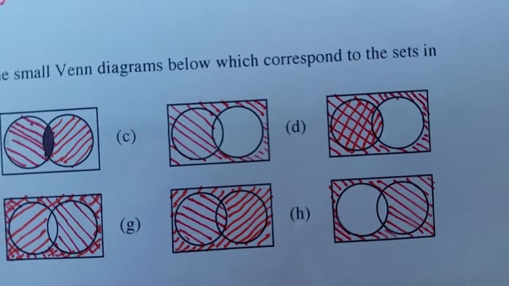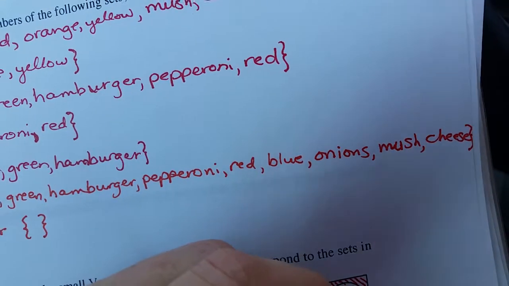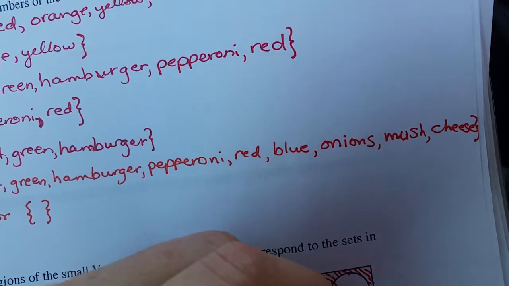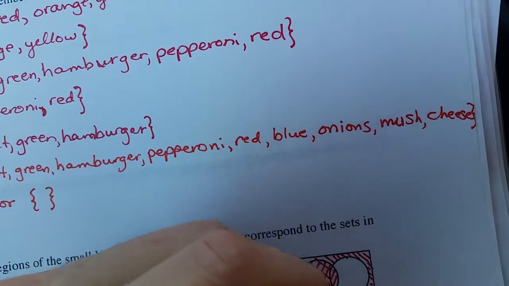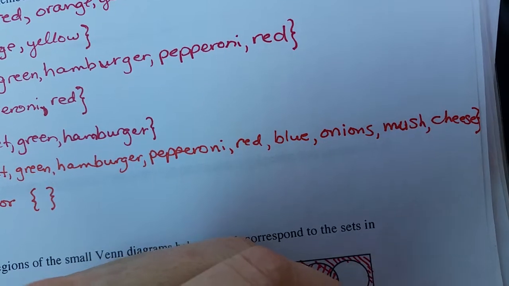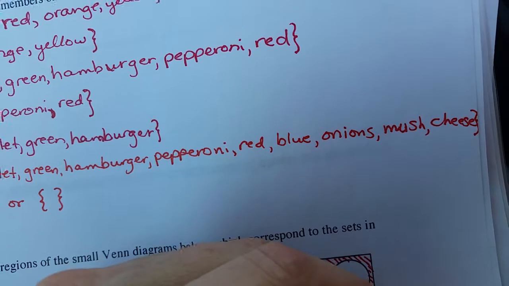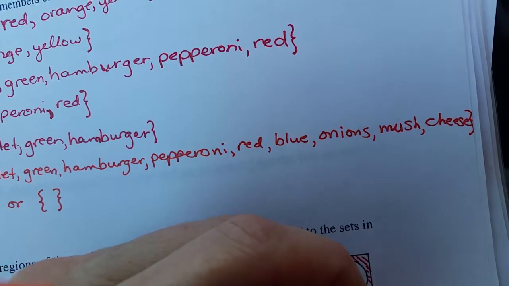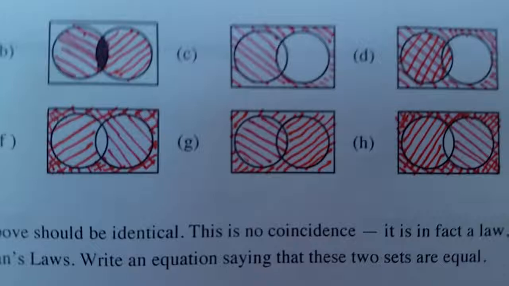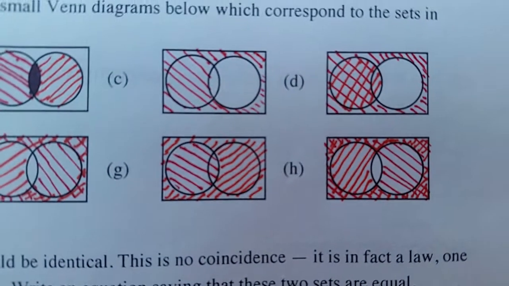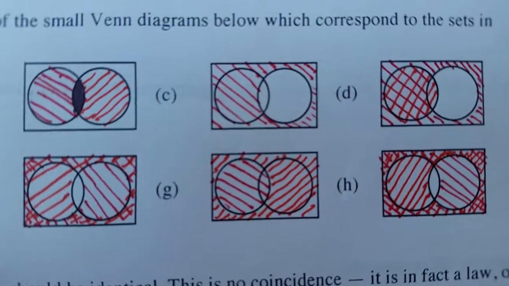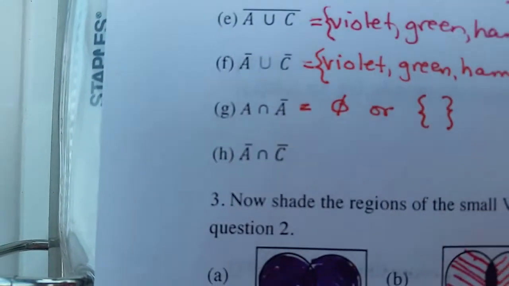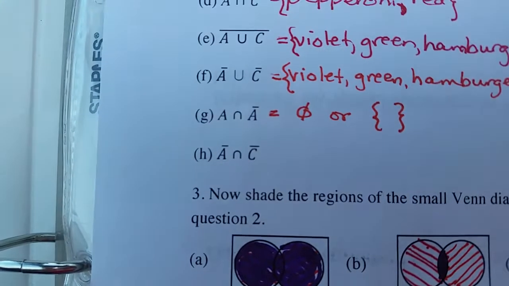And then we'll do everything outside of C, the other direction, the other color. Okay, so there we go. There's A complement and C complement. I guess I could go right up to the border here. There, a little neater.